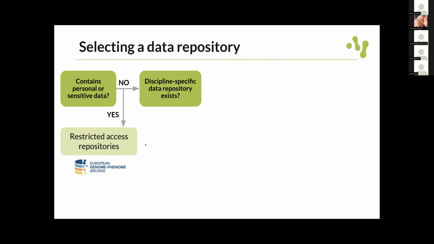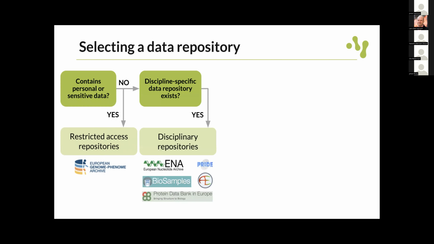If this is not the case, then we can search for discipline-specific repositories. So, for example, sequence data is often stored in ENA or NCBI, which are dedicated repositories for these data types.